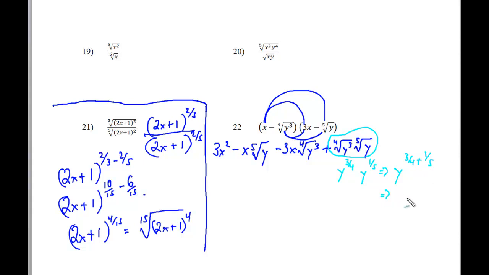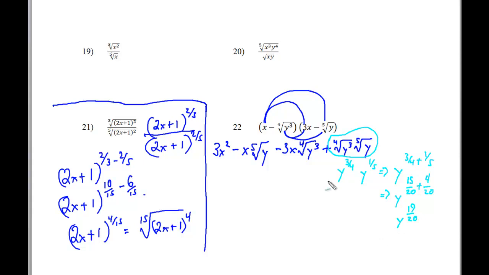Therefore, the 3/4 and 1/5 make y to the 20ths, because that's the common denominator between 4 and 5. 4 times 5 is 20, so 3 times 5 is 15. 5 times 4 is 20, so 1 times 4 is 4. So therefore y is going to then convert to the 19/20ths.